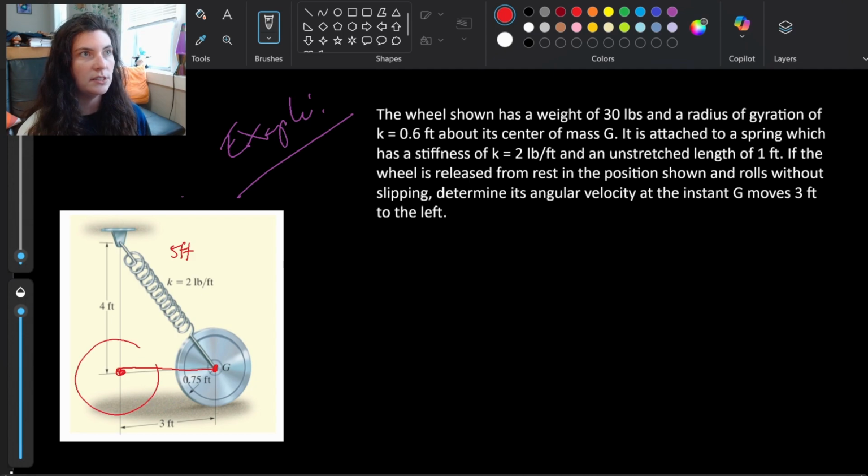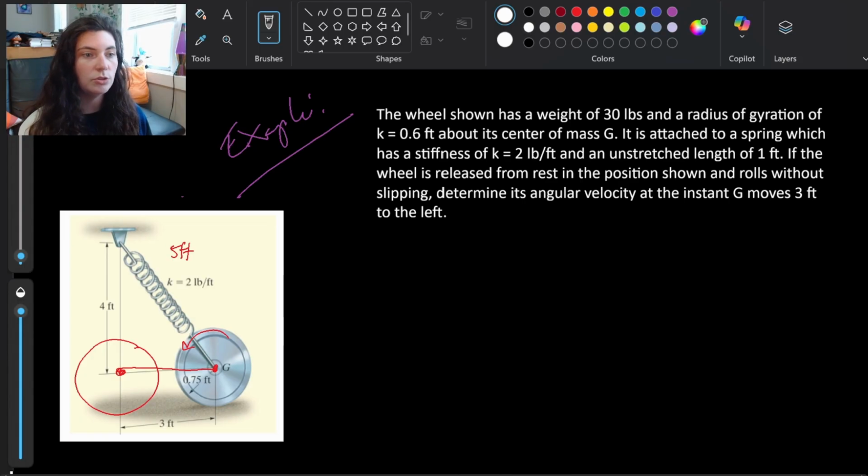The new position of this disc is going to be vertically right under this pin where this spring is stretching out from. Okay, so that's kind of the movement. This disc is going to roll along the ground over to where it is positioned directly under that pin that the spring's attached to.